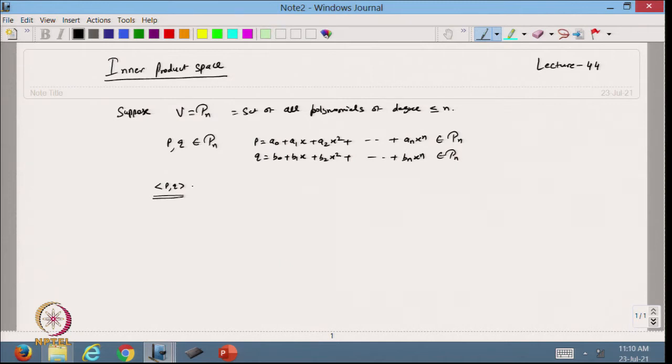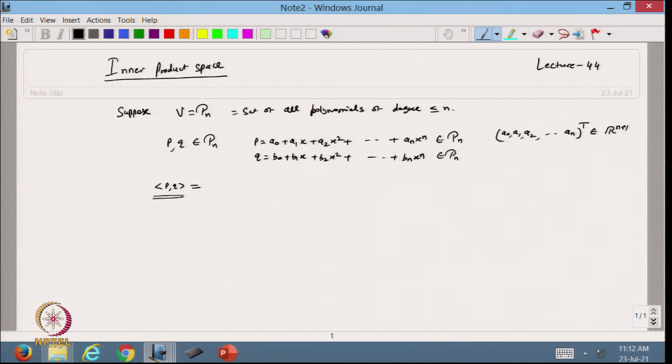So, the inner product we are defining here is this: if we take a polynomial of nth degree, then its coefficients a0, a1, a2 up to an make a vector in R^(n+1). Similarly, q has coefficients that also make a vector in R^(n+1). So, I can say that a0, a1, a2, up to an, taken as a column vector, belongs to R^(n+1).